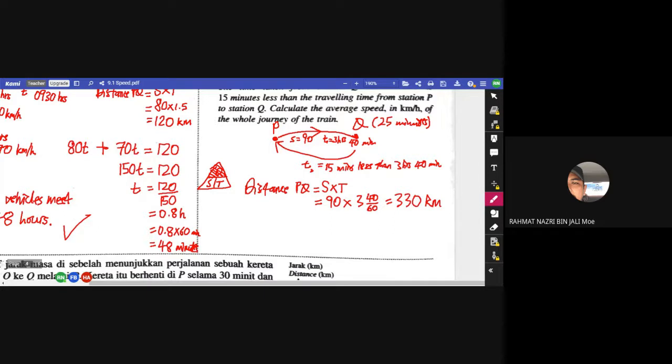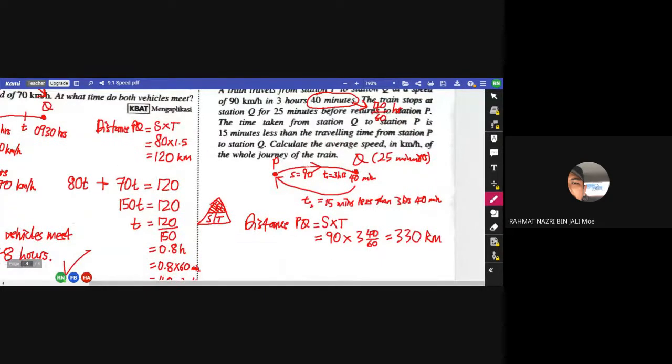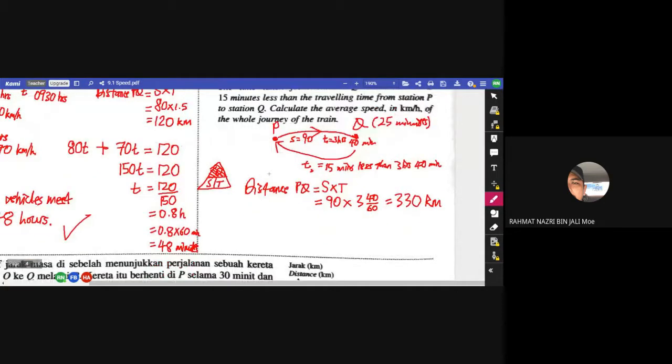Now we are going to find out the total time from P to Q and Q to P. This is the total distance the train travels, P to Q plus Q to P, 330 plus the same distance. So we get 660 kilometers.